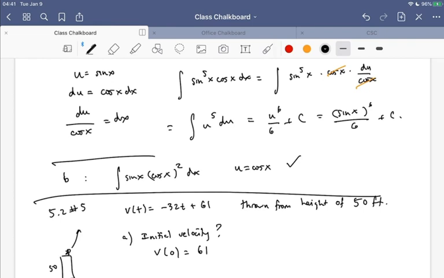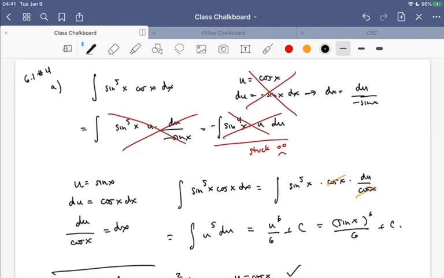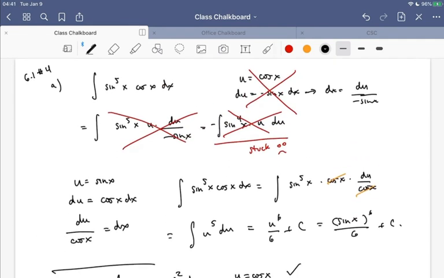The thing is that if you pick the wrong u, what will happen is what happened up here at the top, where you get to a point where not everything is in terms of u and you're sort of stuck. If you get to that point and you're sure that you haven't made some silly boo-boo along the way, then go back and try a different value of u.